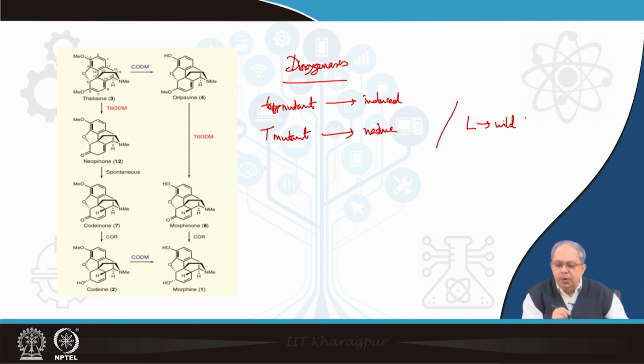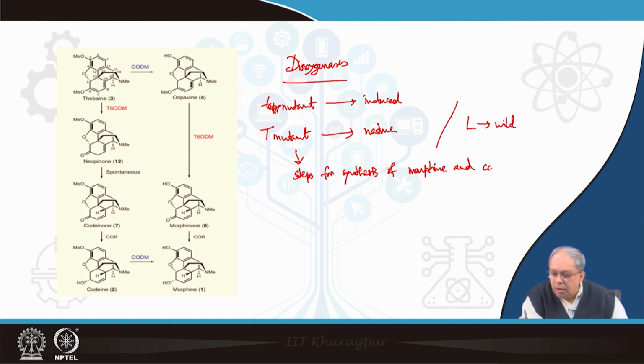The T mutant, which was discovered from nature, is not producing morphine and codeine. That means, here also the steps for synthesis of morphine and codeine were found to be impaired or not functional.